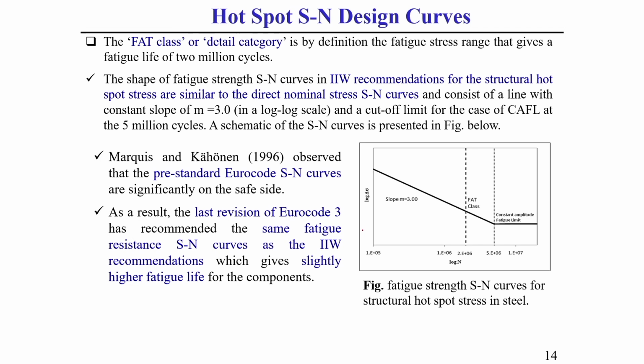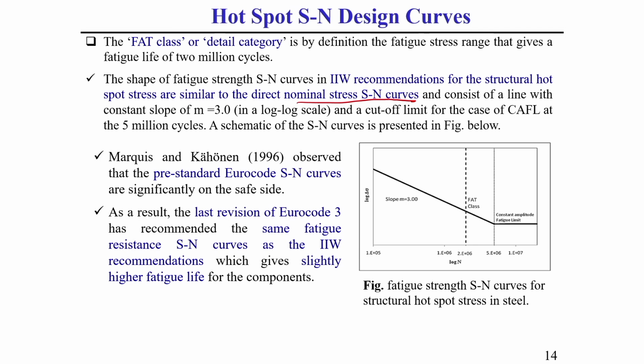Generally for hotspot purpose, the shape of the fatigue curve, that means the SN curve, in the IIW recommendation for structural hotspot stress is similar to the direct nominal stress curve. You can see in the direct nominal stress curve also we use an SN curve. Whatever SN curve is there, it is similar according to the IIW standard.